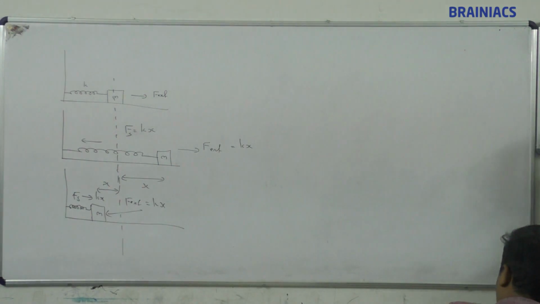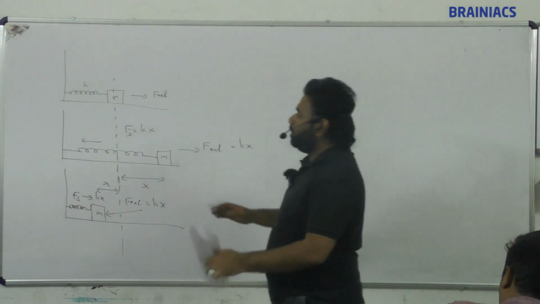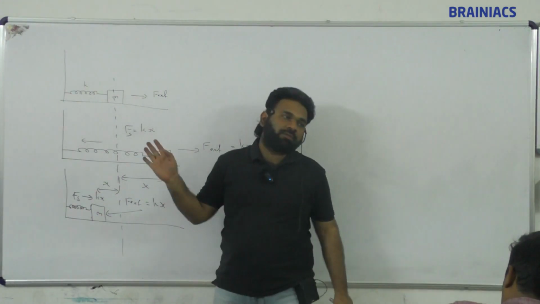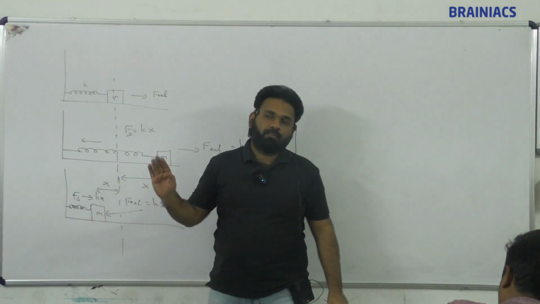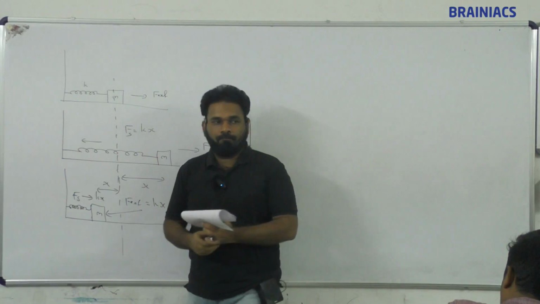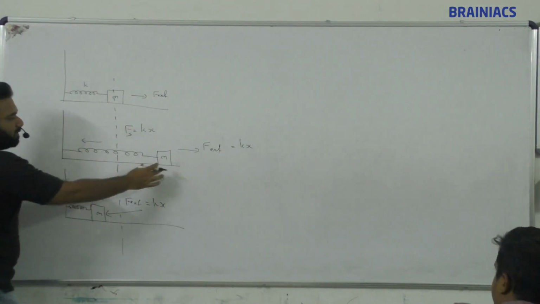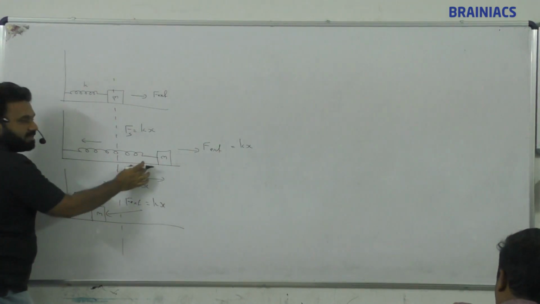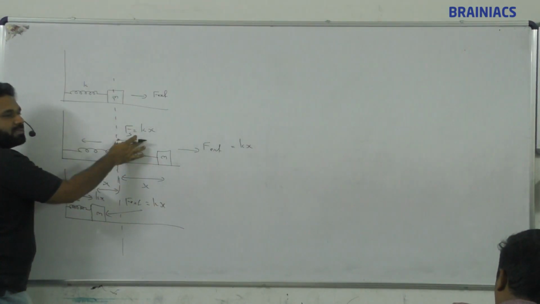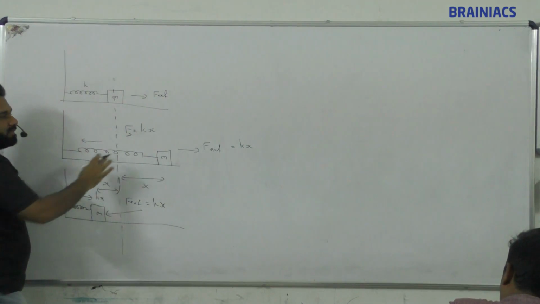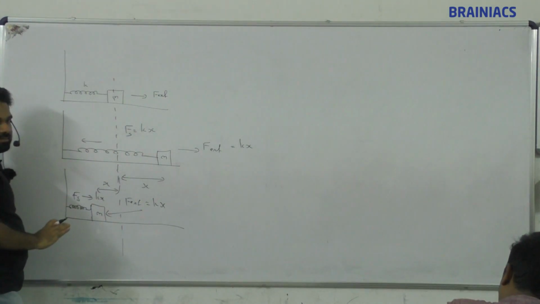Now what I need to know is, is this force constant or variable force? Variable force, correct. If the position of the mass is here, x will be less, so external force will be less, and spring force also will be less.